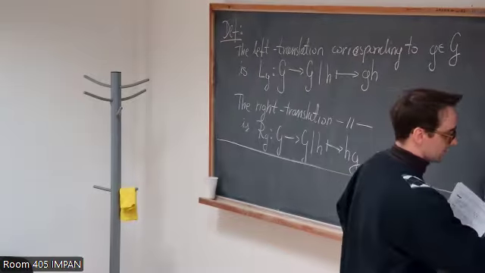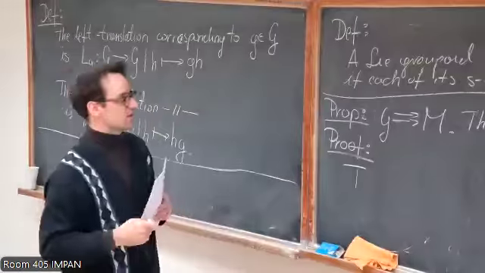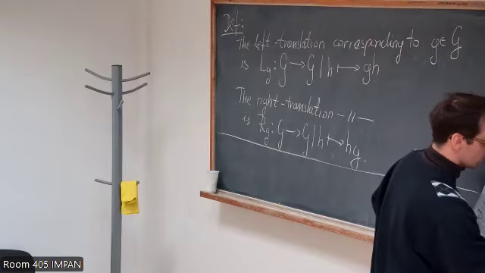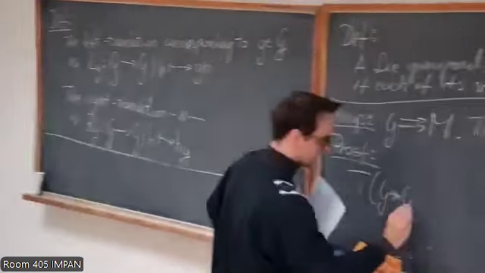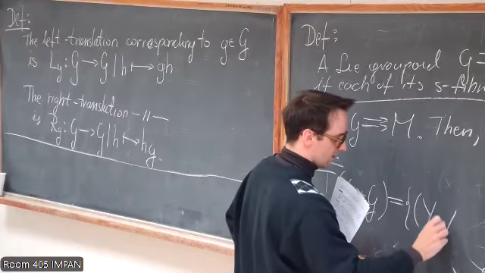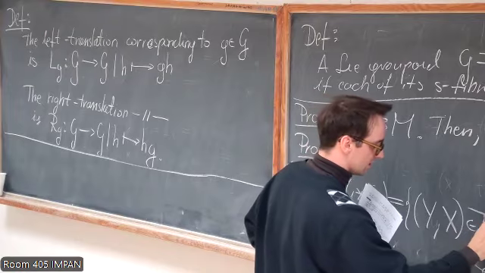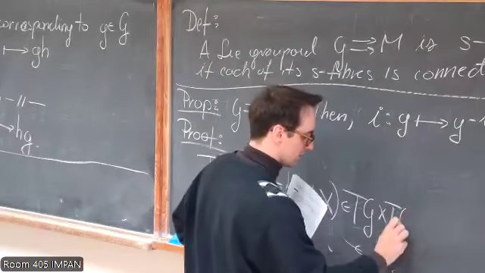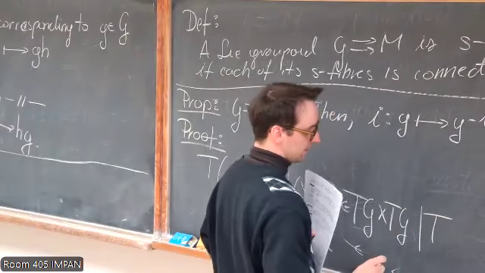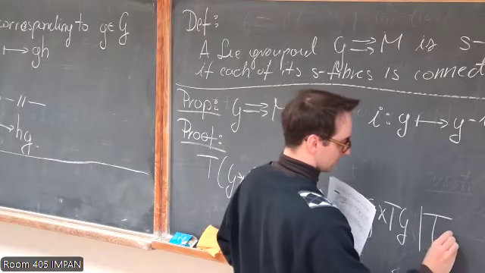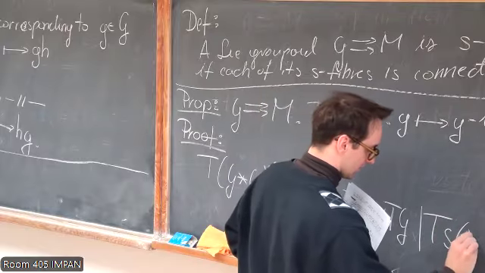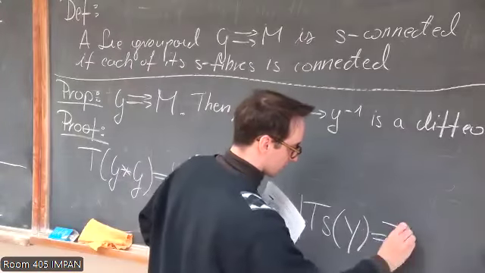Okay, so what is the tangent bundle of composable arrows? This is the pairs (y, x) in TG × TG such that the tangent of the source of y is equal to the tangent of the target of x.